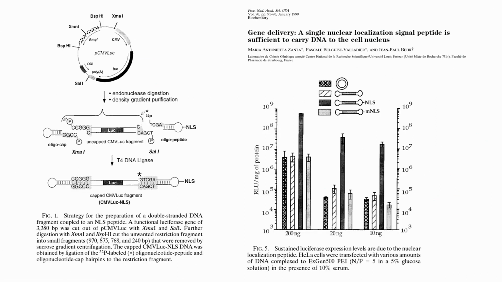So, that is what these authors have tried. What they have done is they have designed a plasmid that has a binding site as a nuclear localization signal. This NLS binds to a protein that can signal to the cell.